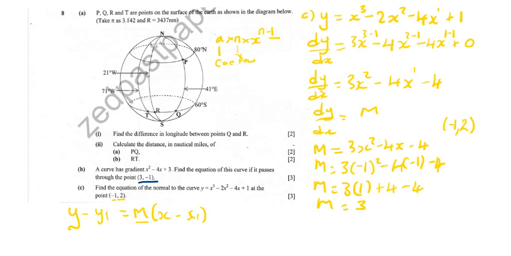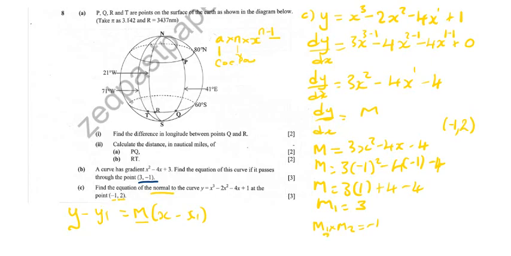Now you have to pay attention here. They have said the equation of the normal. The equation of the normal is the one which is perpendicular to the equation of the tangent. So remember, we are going to use the equation of the tangent as well, and it is perpendicular to the curve. So you say m1 multiplied by m2 equals negative 1, because they have said equation of the normal, and this becomes your m1.